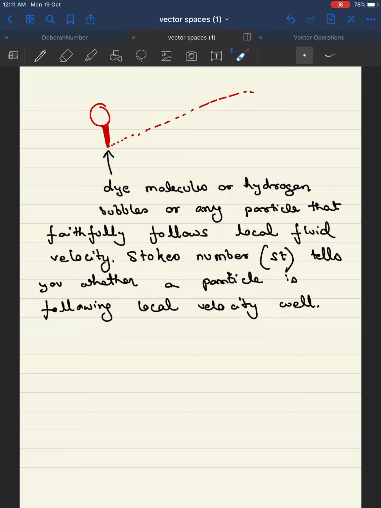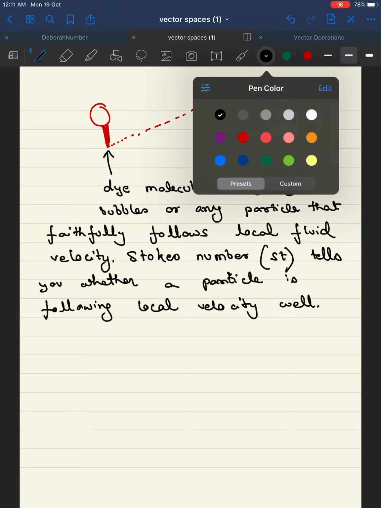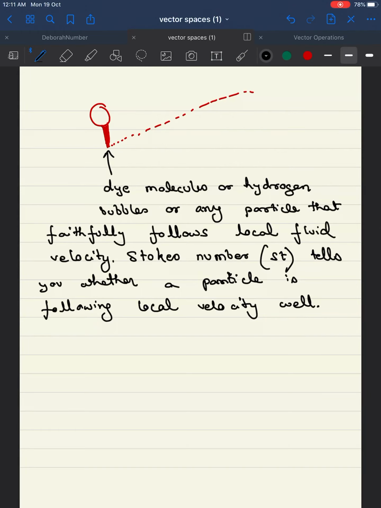So there was some point at which these particles were here, and if they were here, they are following this local velocity, right? And if they were following local velocity, then how do we figure out what the equation of motion is?